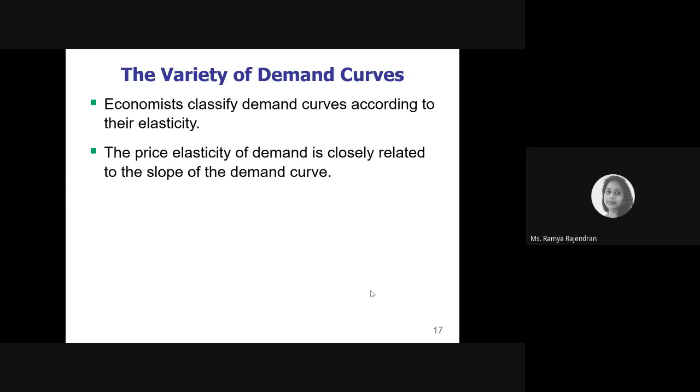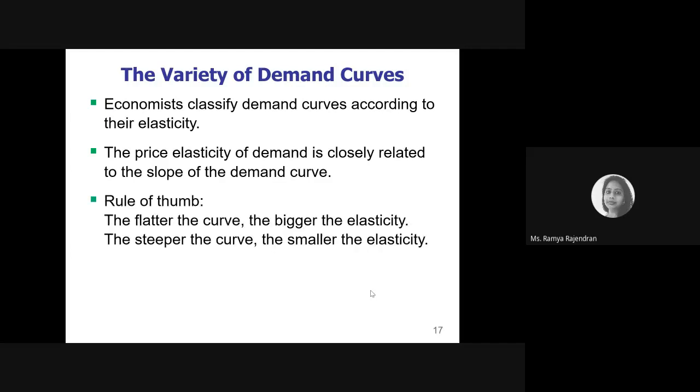Next is the variety of demand curves. Economists classify these demand curves according to the nature of their elasticity. This elasticity and slope are related to each other, but a demand curve might have different slopes at different points.